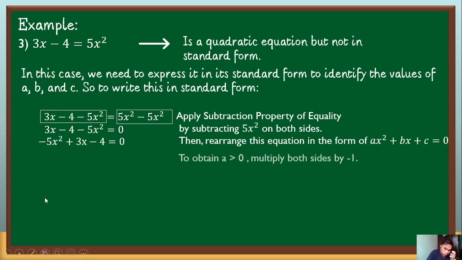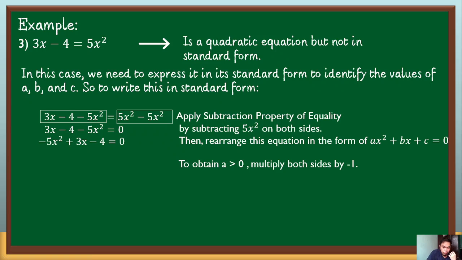But if we are looking for a greater than 0, which is positive dapat yung a, we have to multiply both sides by negative 1. Okay? So negative 1 multiplied by the quantity of negative 5x squared plus 3x minus 4 equals 0. So to multiply that, we have to distribute negative 1 to each term on the left side.